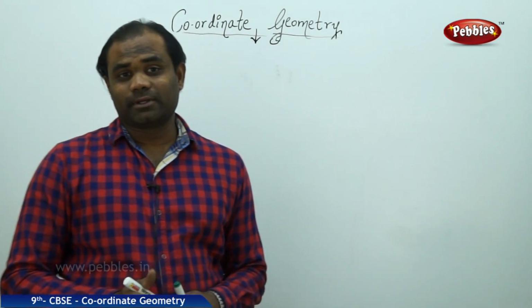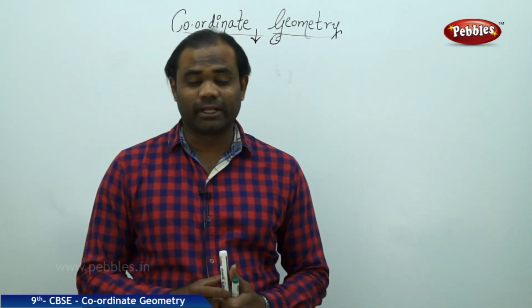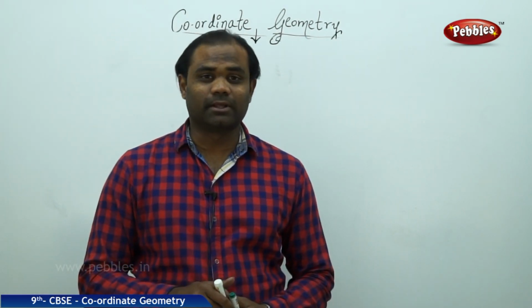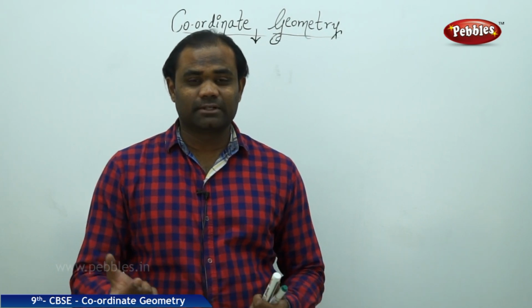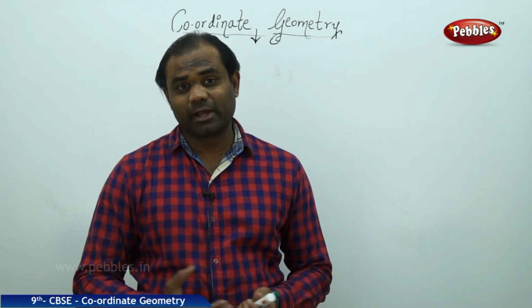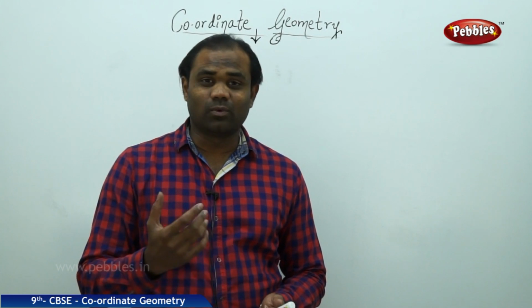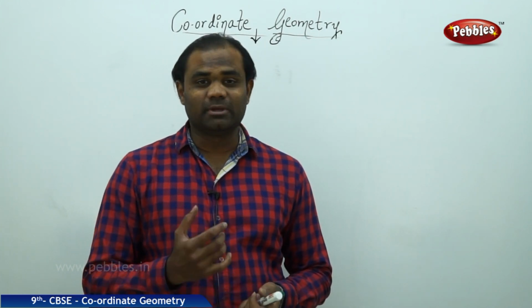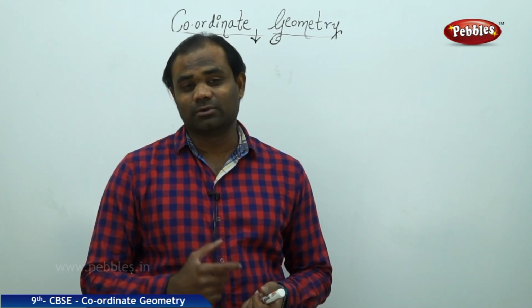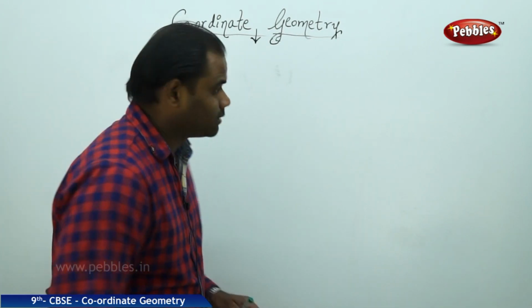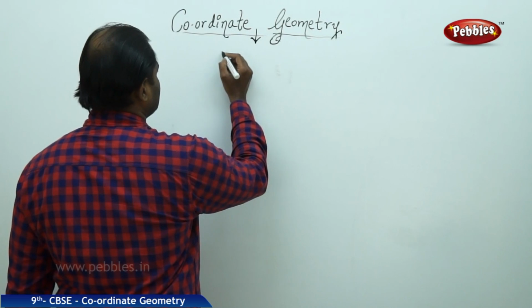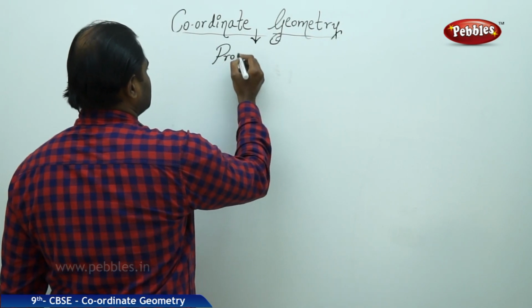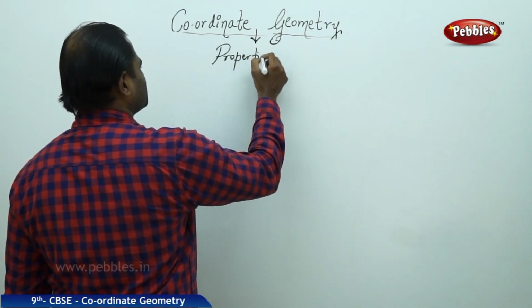Let's see some properties connected with coordinates in the Cartesian plane. As we have discussed about the ordered pair, in a Cartesian plane (x, y) can only be (x, y), but (x, y) cannot be equal to (y, x). Let me take the properties.